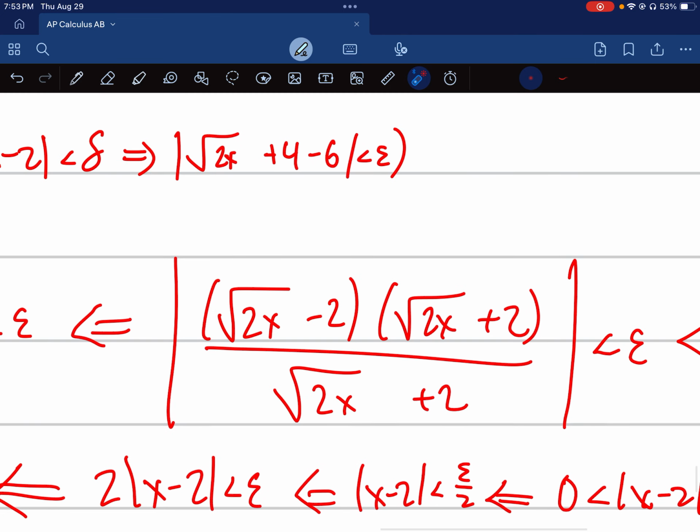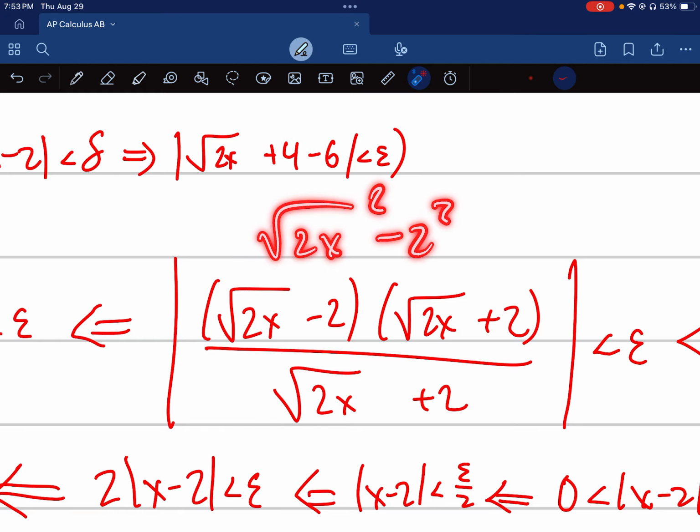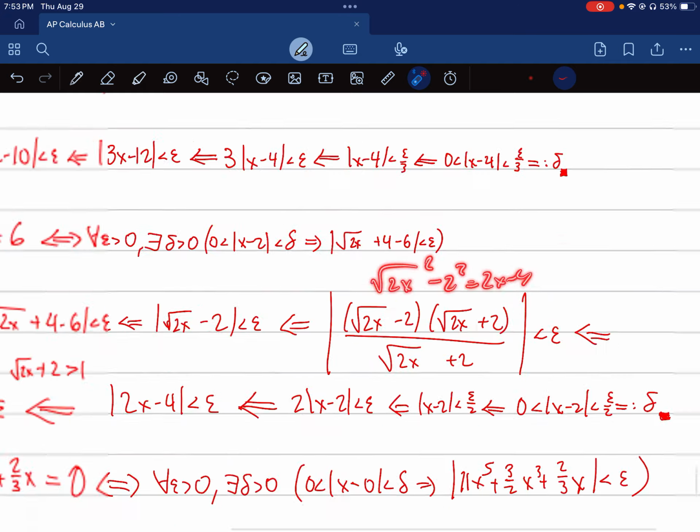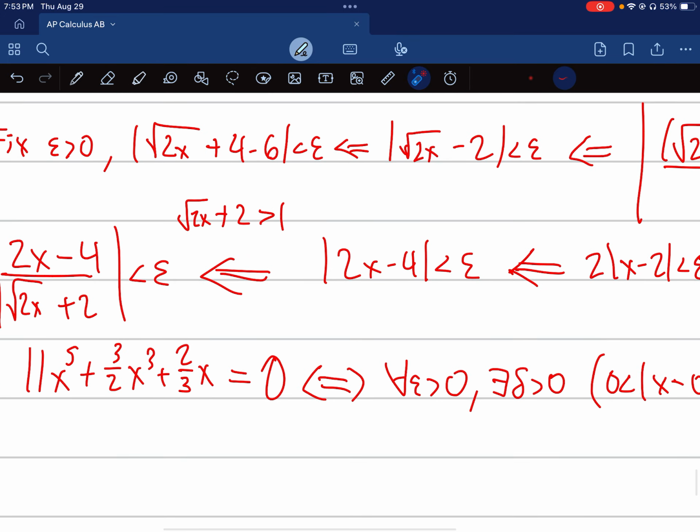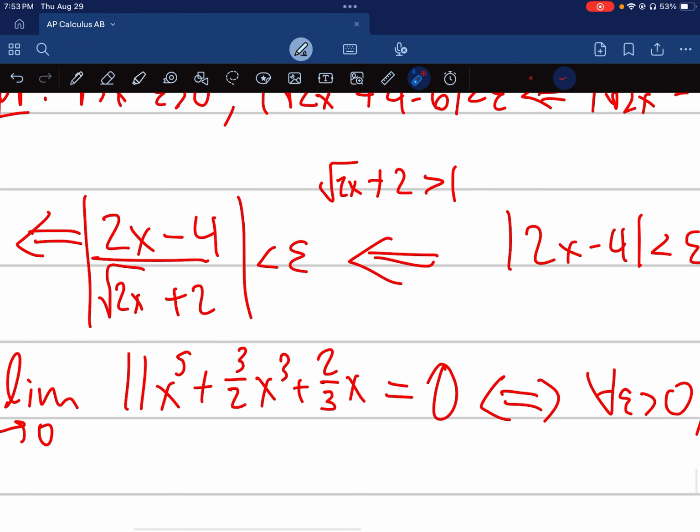Remember, up here we have the square root of 2x squared minus 2 squared, which is 2x minus 4, as you wrote right here, over this, which is less than epsilon. And I omitted the step where we put here, here, here, here. You should write that on your exam.